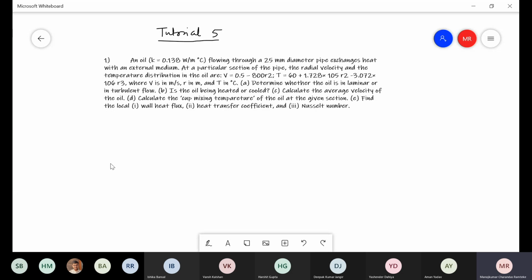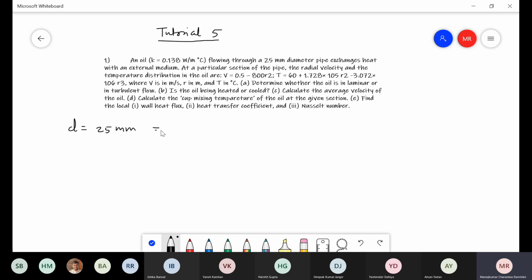Okay, so what has been given is a pipe. The diameter of the pipe is given, that is 25 mm.